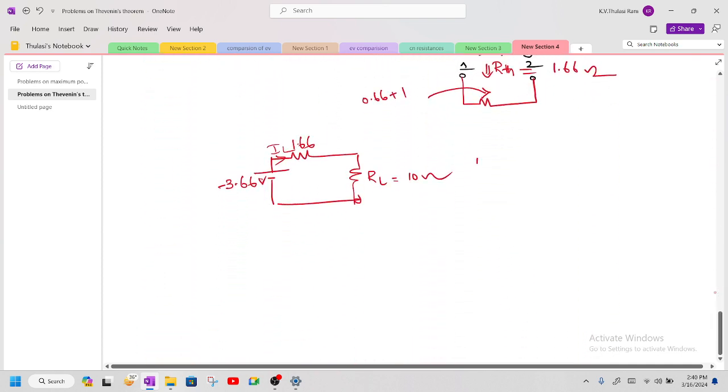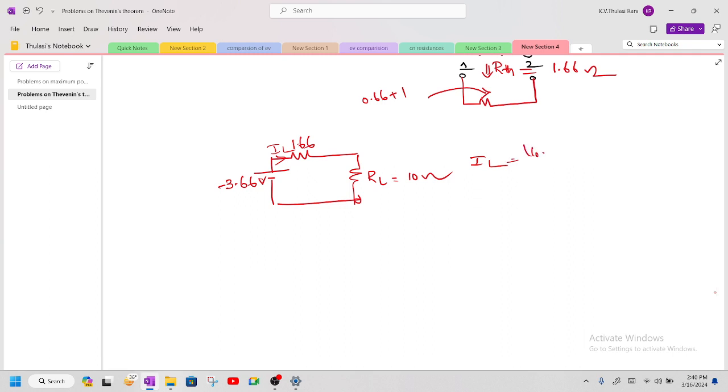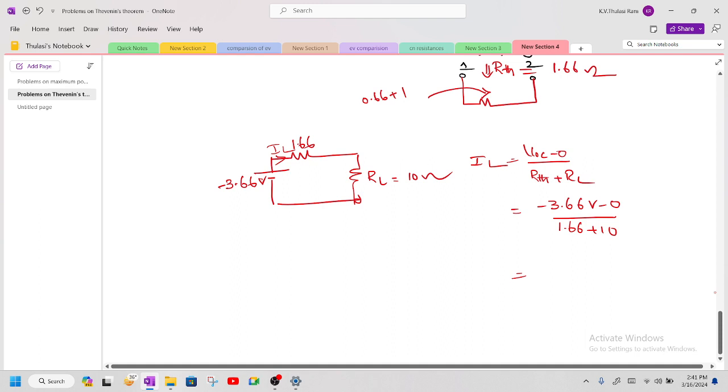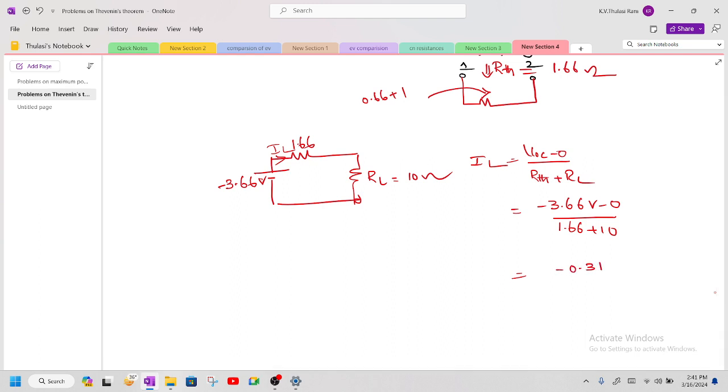The formula for IL, the current which is leaving, is VOC minus 0 divided by R Thevenin plus RL. So what is the VOC value? Minus 3.66 volts minus 0 divided by 1.66 plus 10. When you perform this, you are going to get the current as minus 0.313 ampere, which is flowing in this direction.